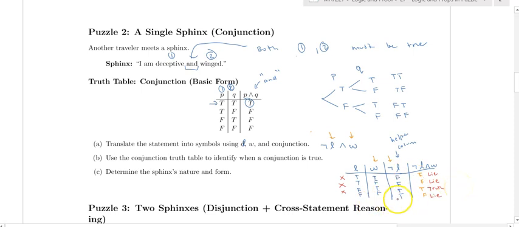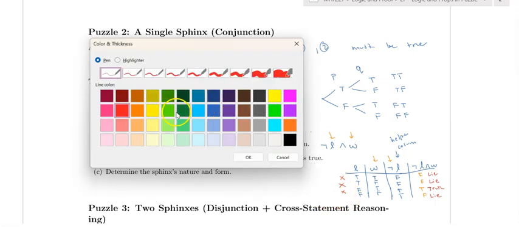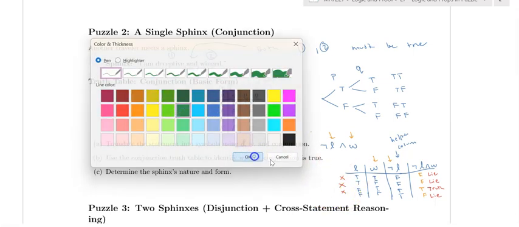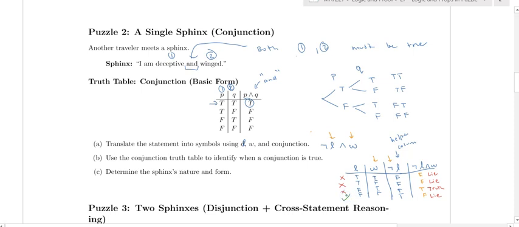But they are deceptive and wingless. This would be a lie, but this is actually possible because it is allowed for a deceptive wingless Sphinx to call itself deceptive and winged because, hey, it's in its nature to lie, and that would be a lie for a deceptive wingless Sphinx. So that's the nature of and.